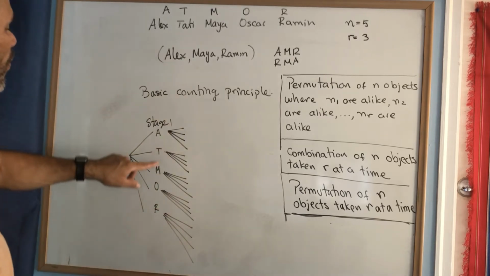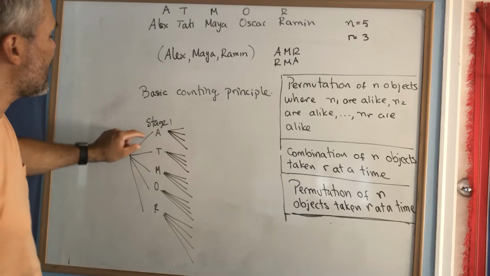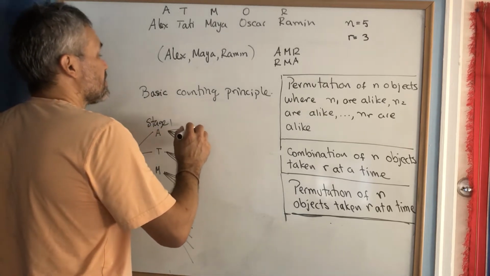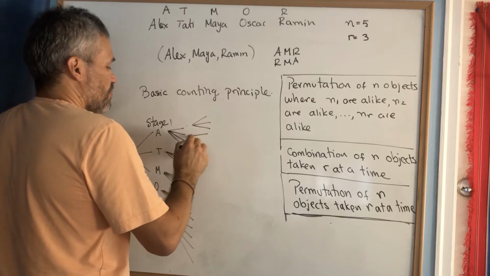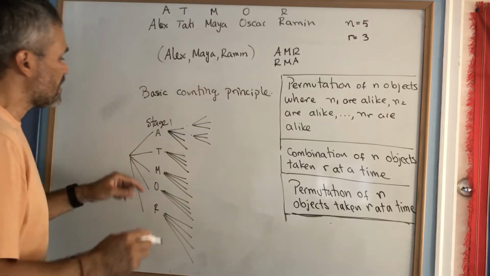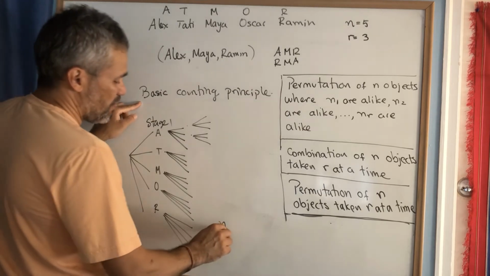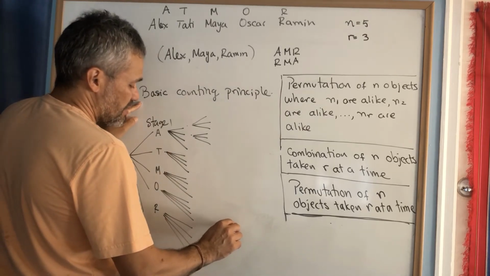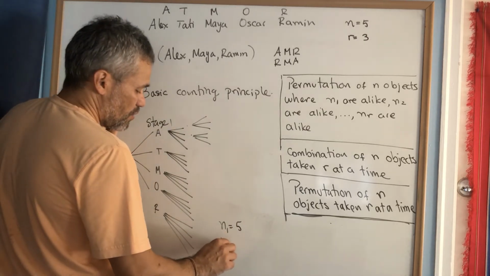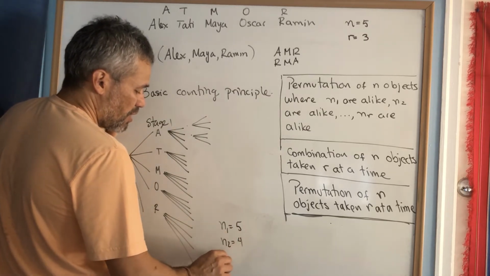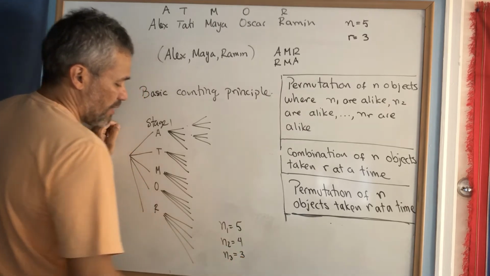Once we have selected who got first and second, we only have 3 possibilities, and the same holds for each branch, and so on. That means that, using the basic counting principle, N1 is 5 for this example, N2 is 4, and N3 is 3.